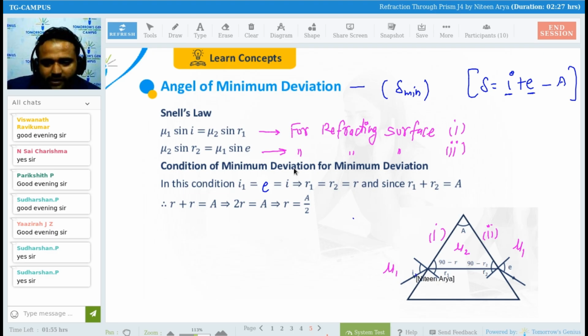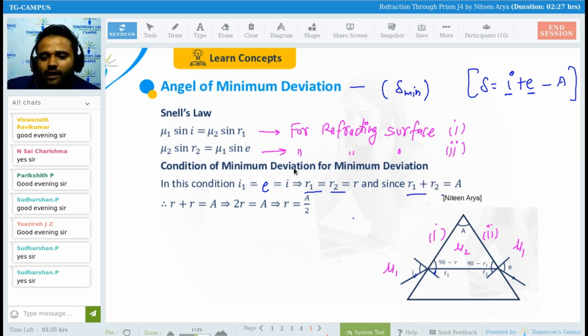So when the angle of incidence I1 equals E equals I, simply, and R1 and R2 are going to be R, the angle of refraction from the first surface and the angle of incidence for the second surface are equal.